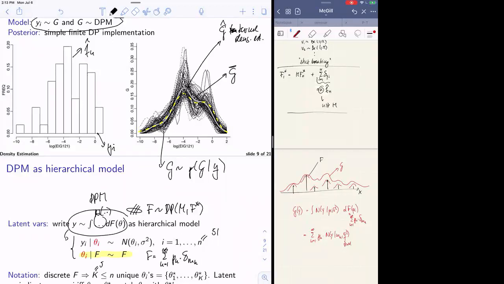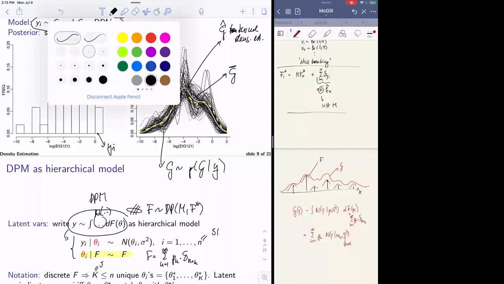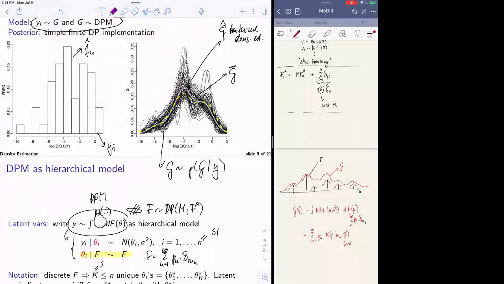If you stare at any one of them, for example this one, I see a mixture of 4 normals. Maybe here could be theta 1 star, here theta 2 star, here theta 3 star, and here theta 4 star.